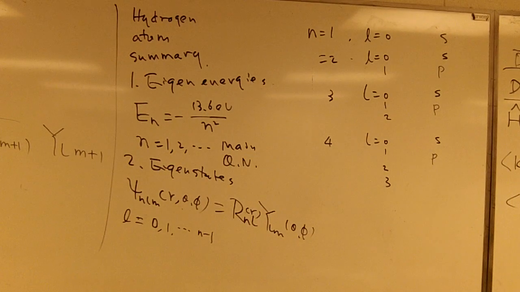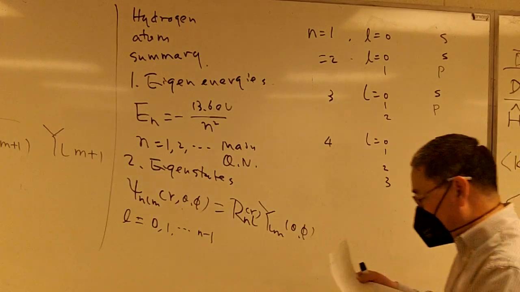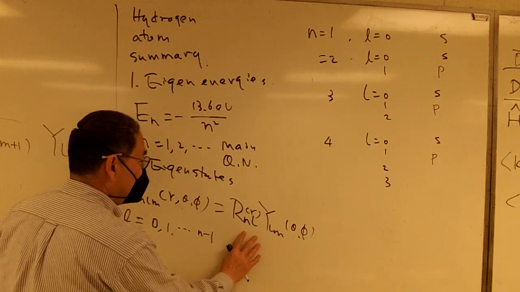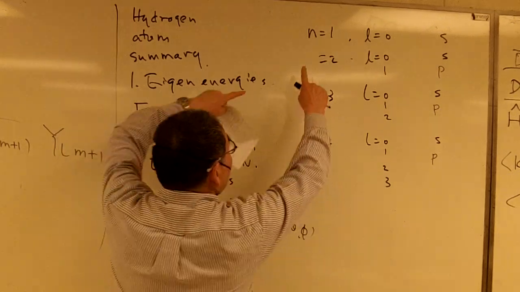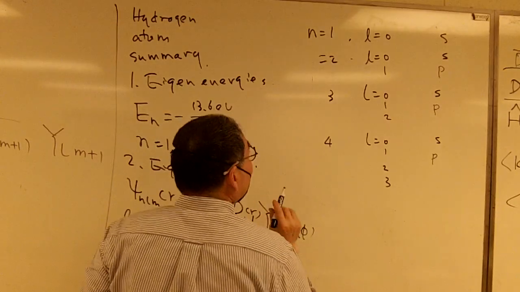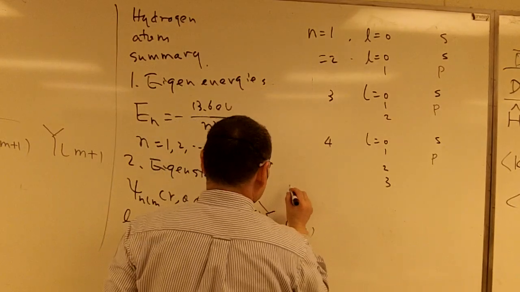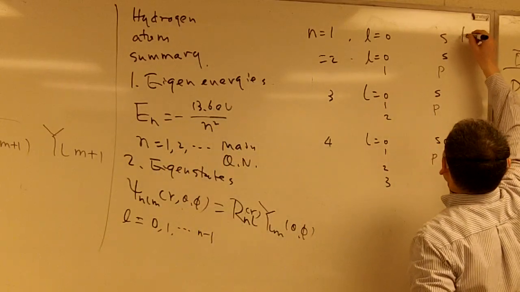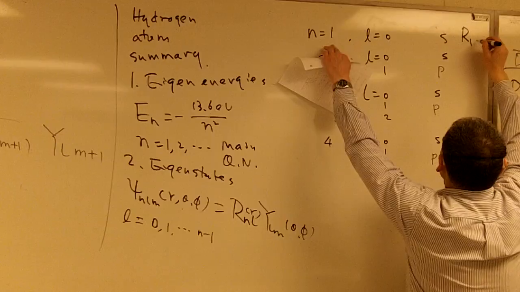Now, one more thing before we close is another one. When we write the wave function here, for instance, if I want a 1s state, just to give you an example, then the wave function will be R10.